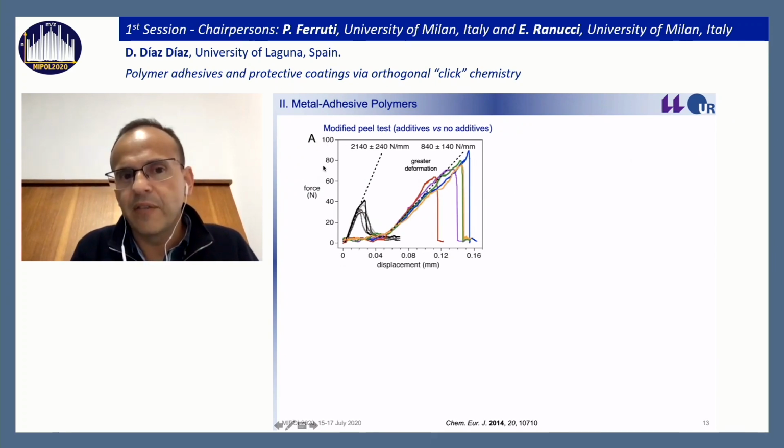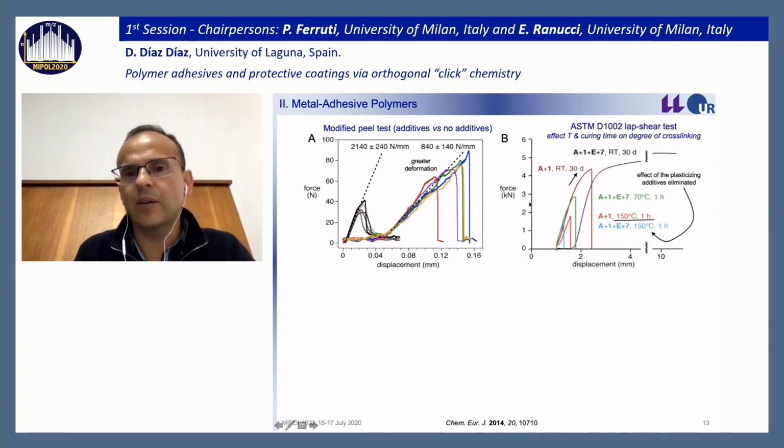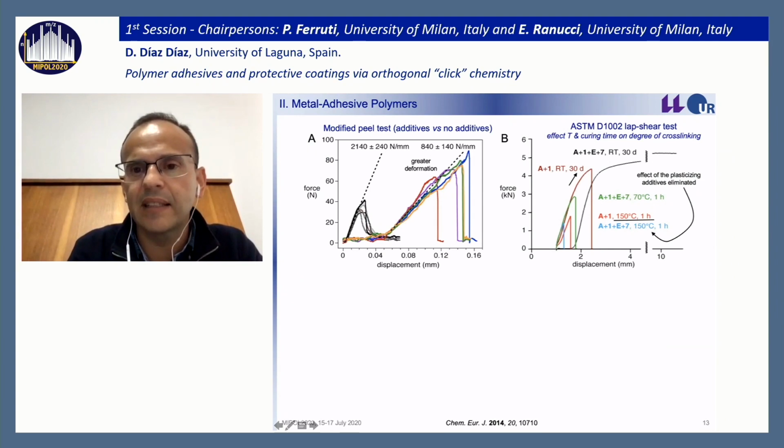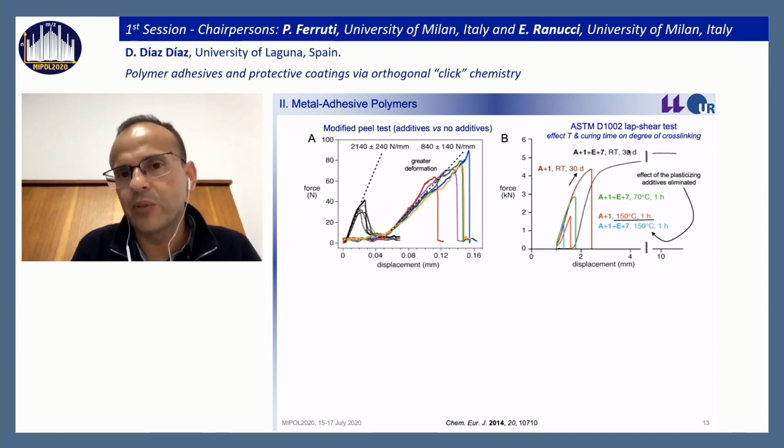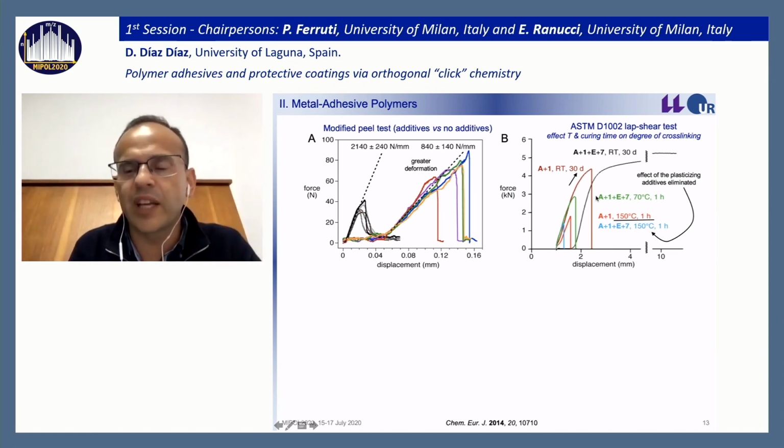We look at force displacement curves to study also different parameters. And here, what is important to realize is that you have to balance a little bit between the speed of the reaction and the cross-linking degree of your polymer, right? Because, for example, as you can see here, we can increase the temperature to decrease the curing time of the adhesive.